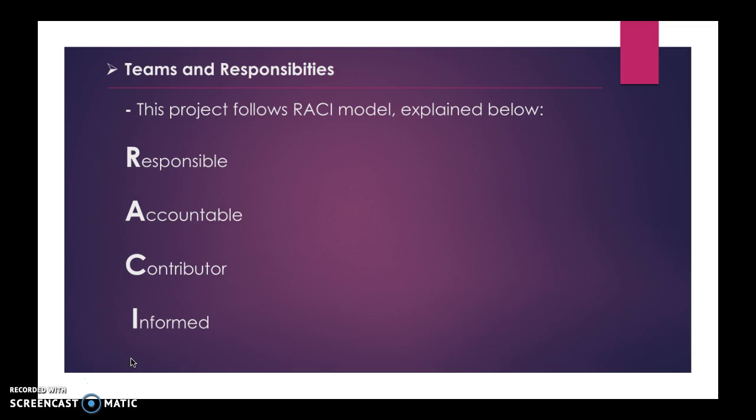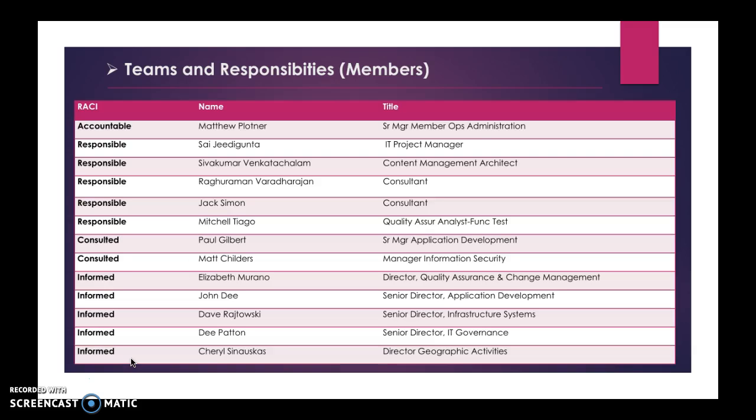And the teams and responsibilities are nothing but we have the business teams getting involved, the external stakeholders, the volunteers, and other supporting teams getting involved. So we are going to follow a RACI model, which is nothing but a responsible, accountable, consulted, and informed model, where we have people who are responsible for it, accountable for any kind of changes, and who are the contributors and who have to be informed on any changes that we make for the project. So these are the people who are accountable, responsible, and consulted for anything.